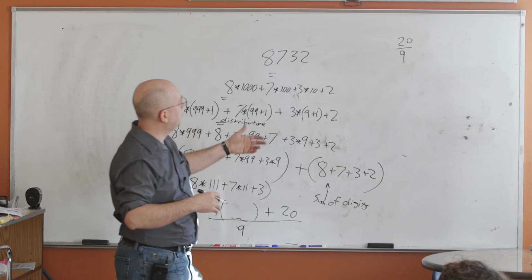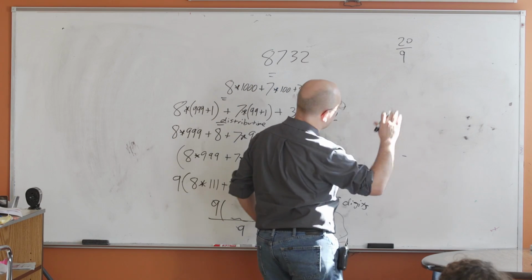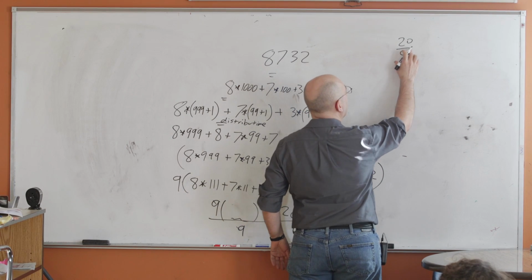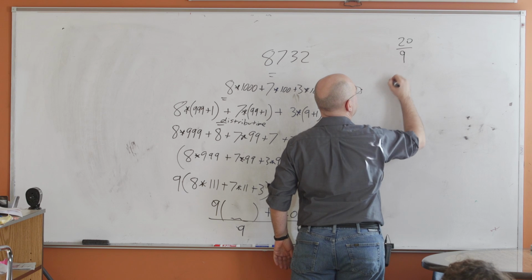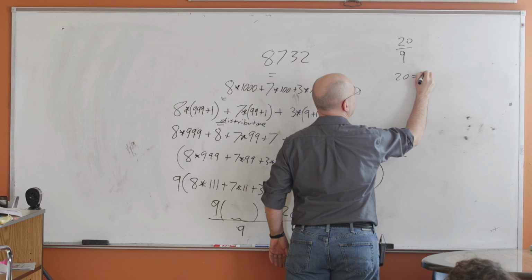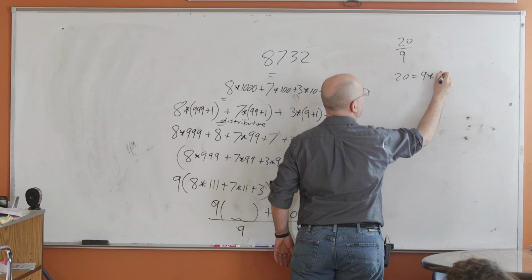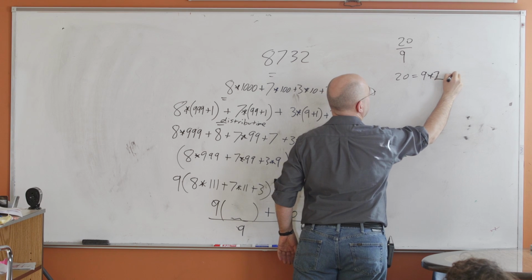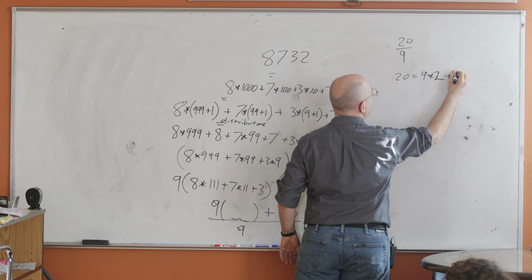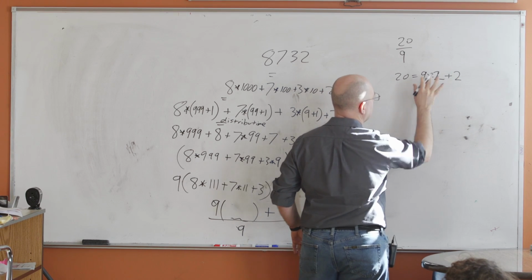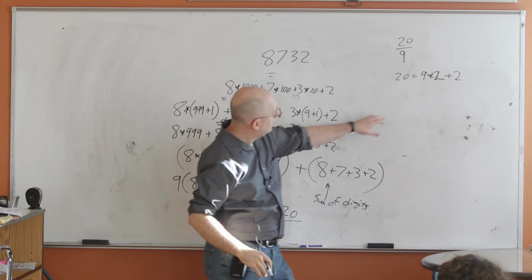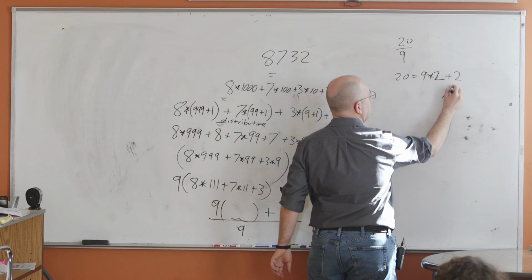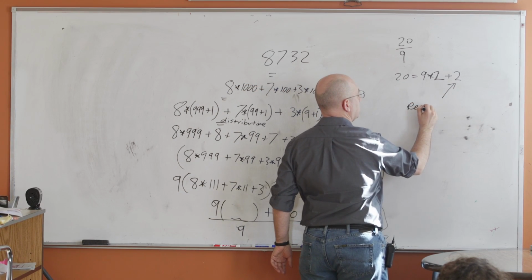I sum up those digits again, I get 2 as the remainder. That's where the 2 comes from. But you can also say 20 is 9 times 2 plus 2. So the 9 would divide into this fraction, and this is going to be the remainder.